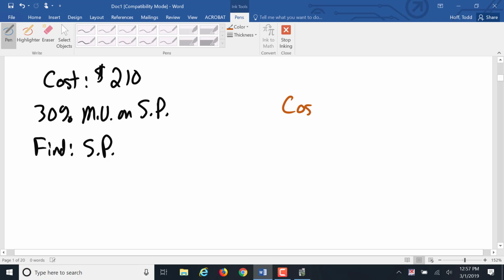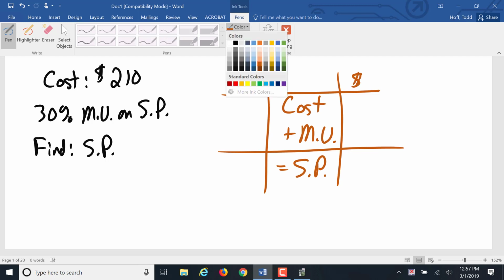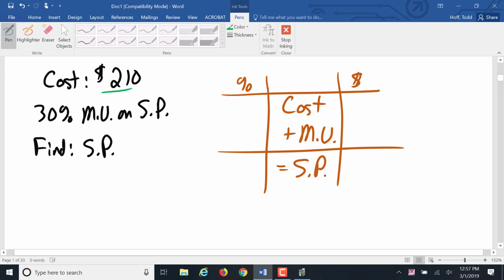So again, cost plus markup equals our selling price. Do it with percents and dollars. Information we have: $210 cost. So on the dollar side, 210 goes in for the cost. 30% markup, so on the percent side, 30% for the markup. On selling price, once again, the 100% goes with the selling price.